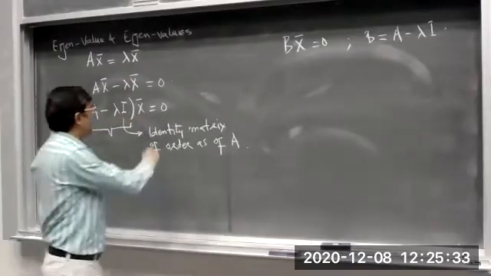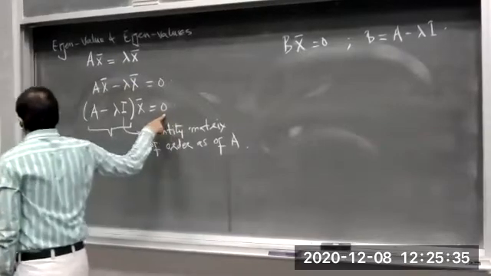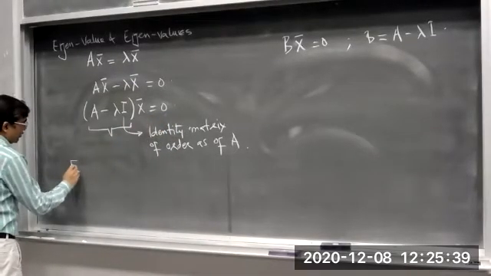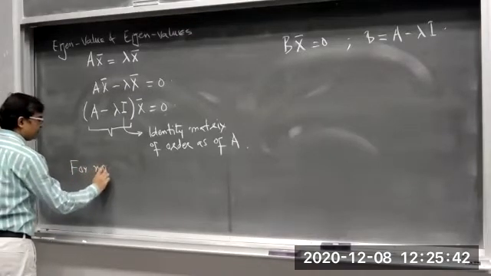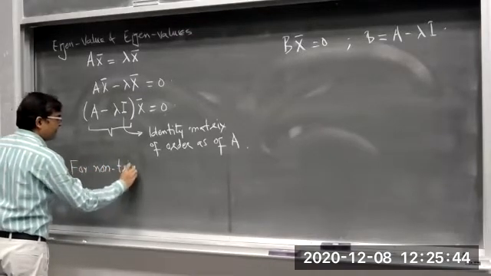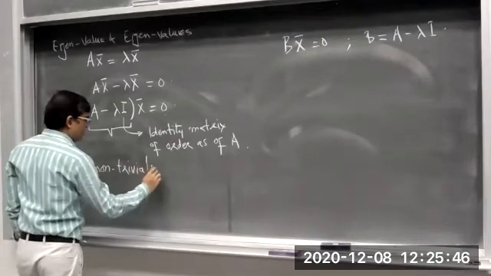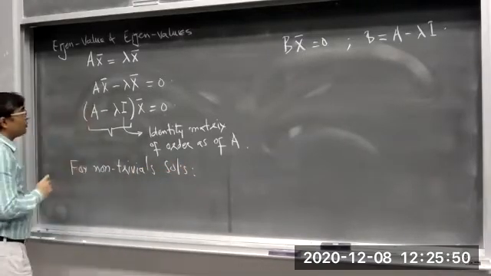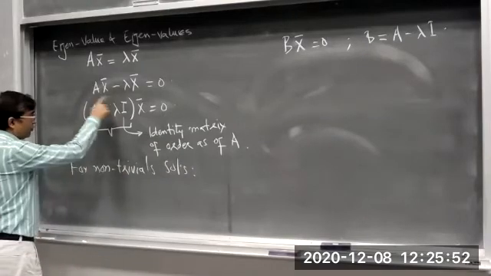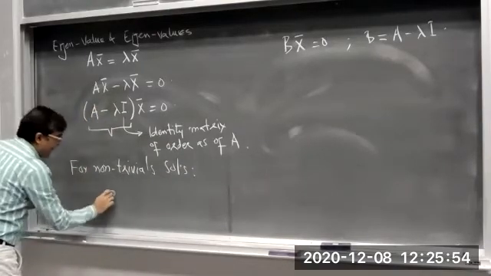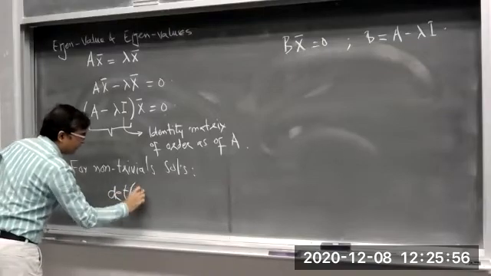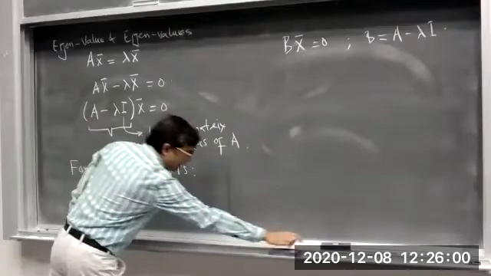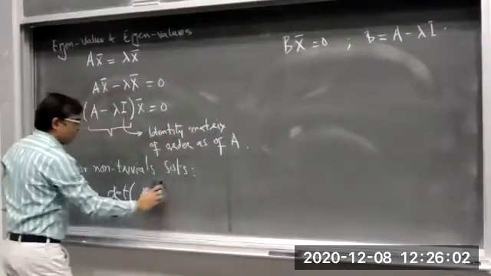Now, if this is a homogeneous linear system, then it can have non-trivial solutions only if this coefficient matrix has determinant equal to 0. Otherwise, we cannot have non-trivial solutions. I hope you know it from linear algebra.